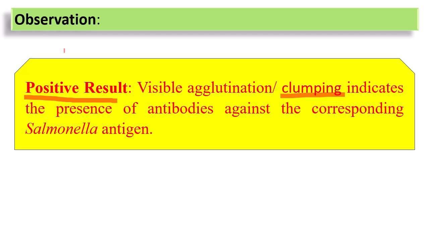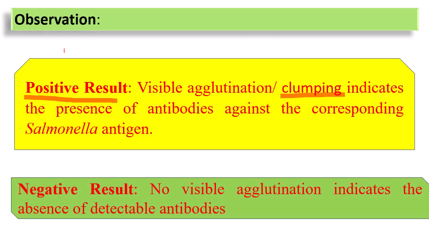It means the Widal test is based on agglutination due to the reaction between antigen and antibody. When agglutination forms, it means a positive result. If visible agglutination does not form, it means a negative result, meaning no antibodies are present in the serum. Clear?